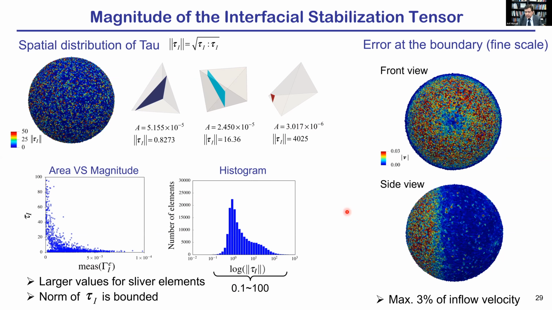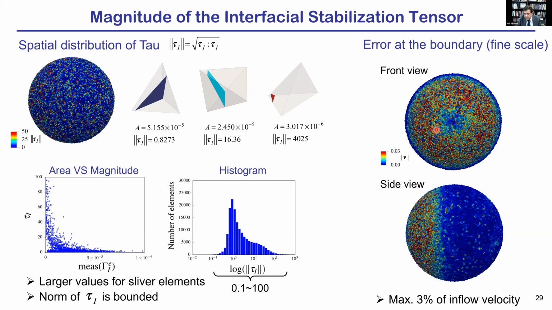We can also look at the fine scales as a measure of how accurately we have applied the boundary conditions on the surface, because we have imposed them weakly, so we need to look at how accurate our results are. We're looking at two views of the sphere. One is the front of the sphere, and now this is looking from the side.